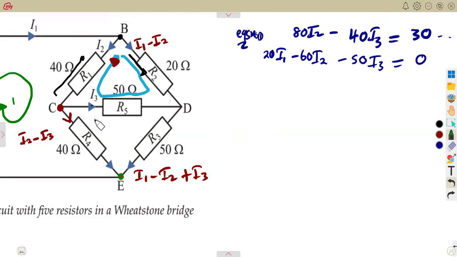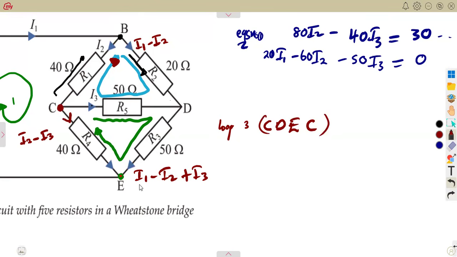You can even choose this one from C to D to E back to C. It's a loop that you've taken. So considering our loop 3, which is from point C to D to E and back to C. It's up to you the way that you're going to take. Are you going to take it as C, E?